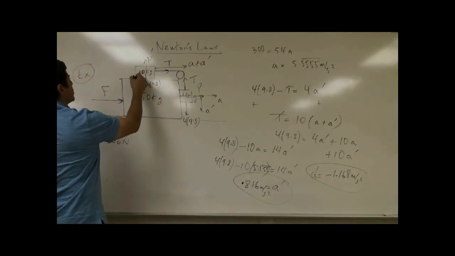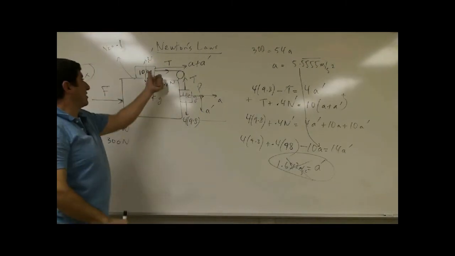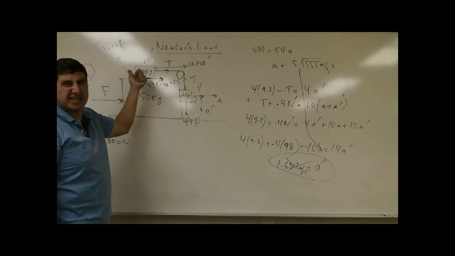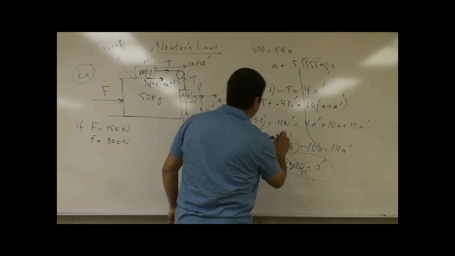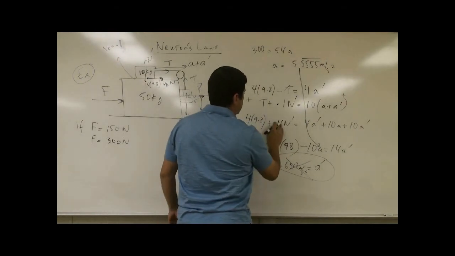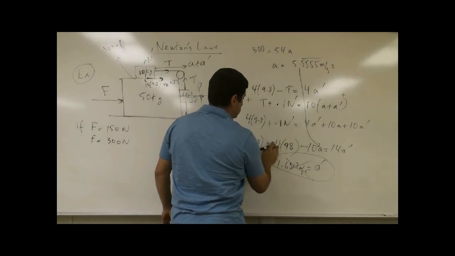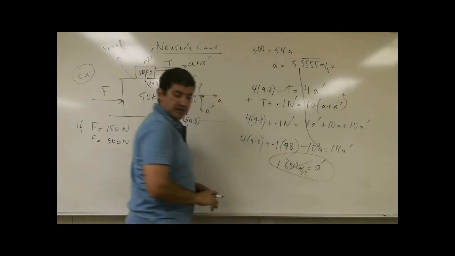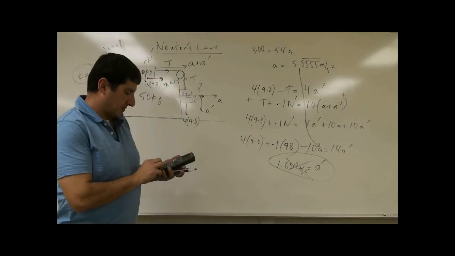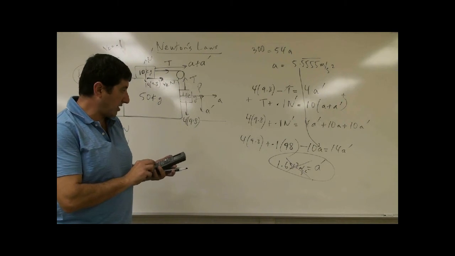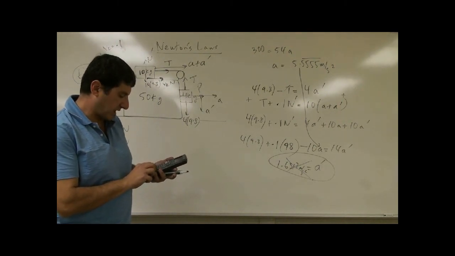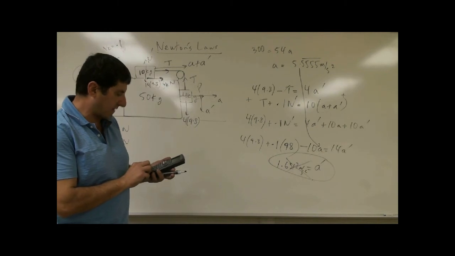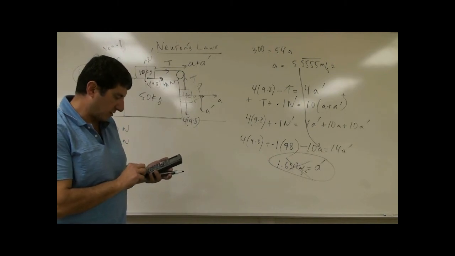Let's say we add friction to this surface. Then it might accelerate back, but with a less acceleration than if there was no friction. If I make this one 0.1, let's see what we get. 4 times 9.8 plus 0.1 times 98 minus 10 times 5.5555555 divided by 14.